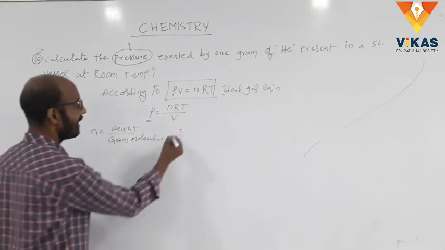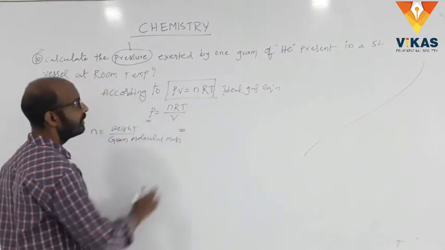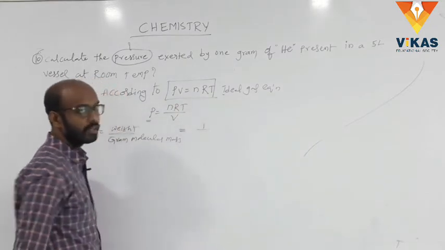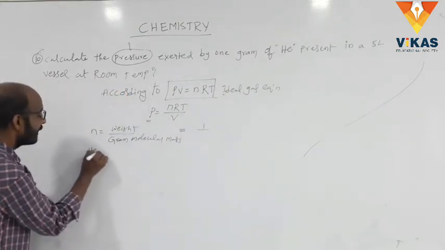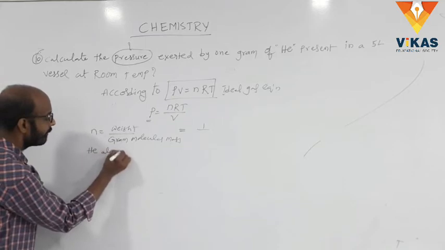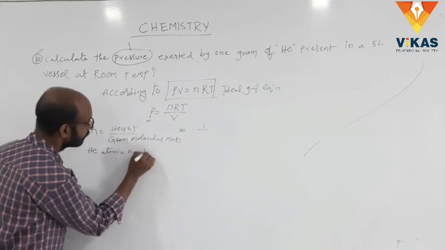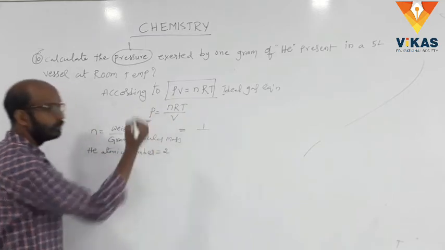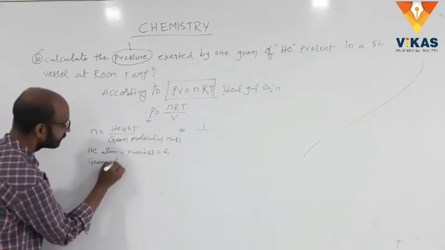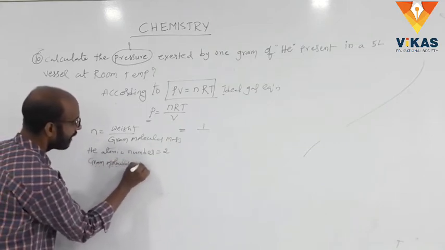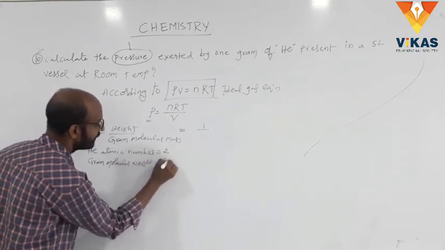So what is the weight here? 1 gram of helium. What is the helium atomic number? The helium atomic number is 2 and the gram molecular weight is double that, that is 4.